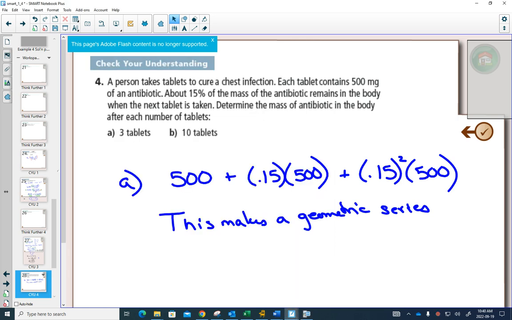So after 3 tablets, when you just take your third tablet, you would have 586.25 milligrams.